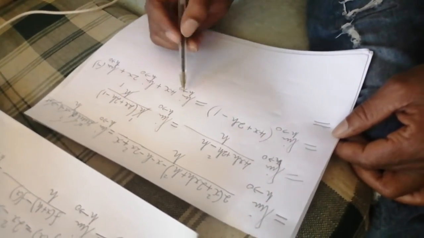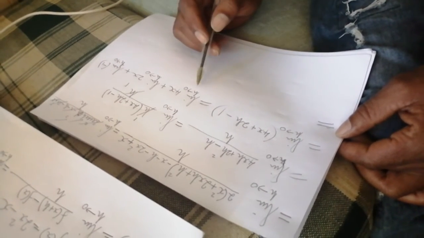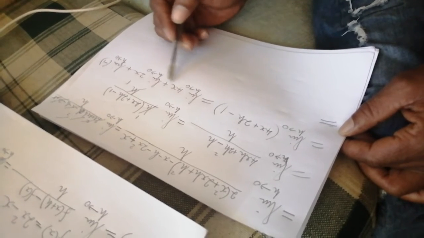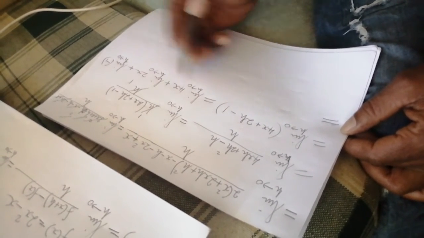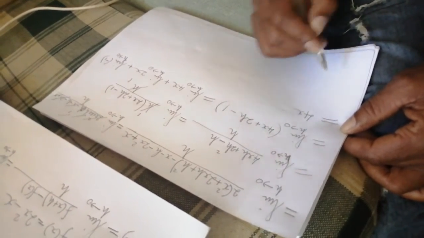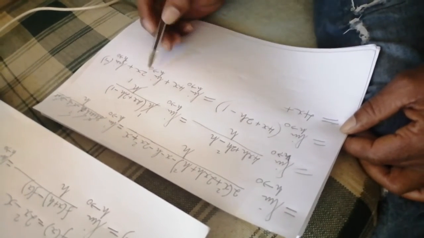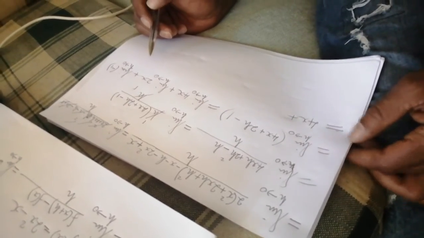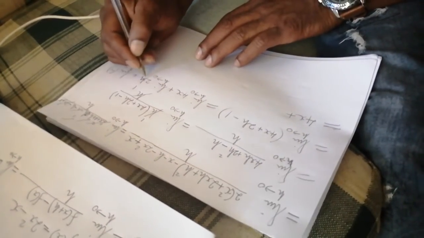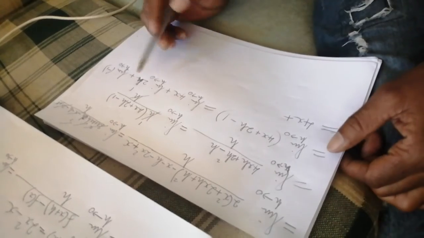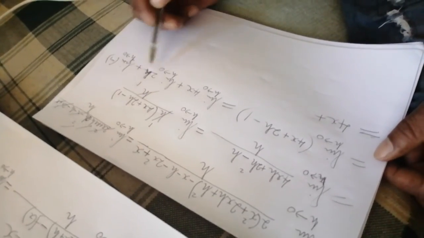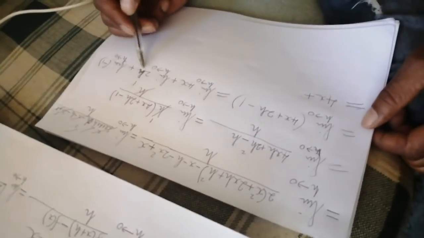Then from the definition of limits, if h goes to 0 and you have a variable there, the limit is going to go to the variable, 4x. Plus, now the limit as h goes to 0 of 2h, this is going to be 0.